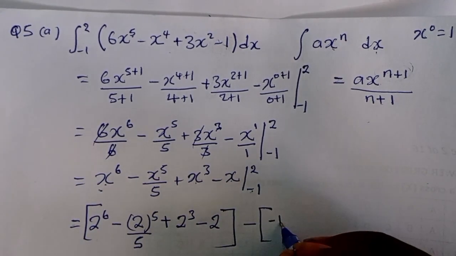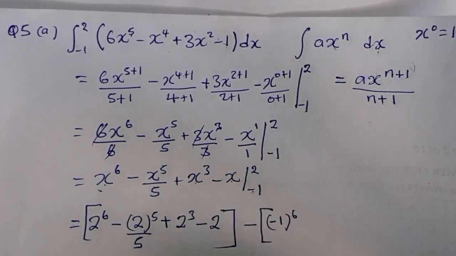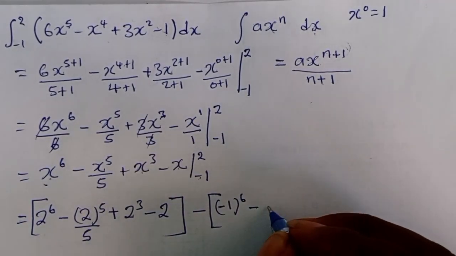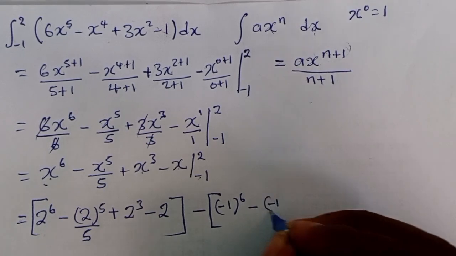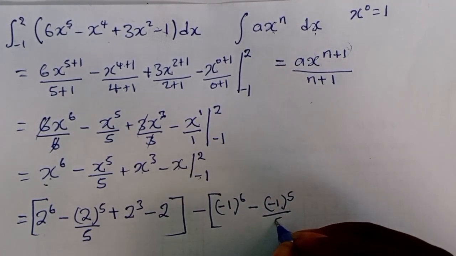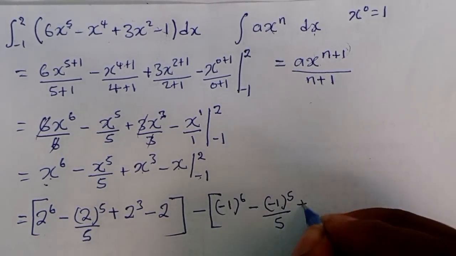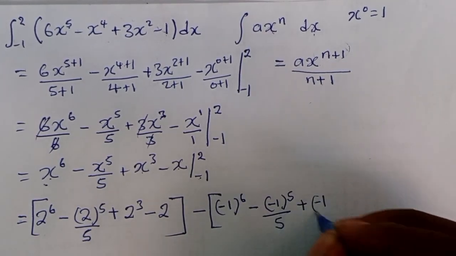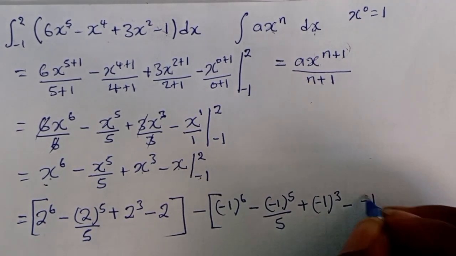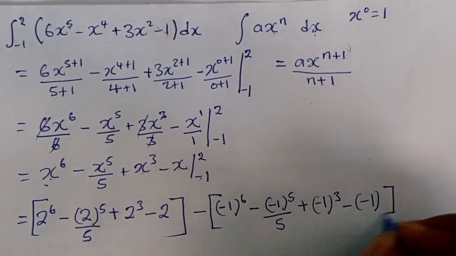So negative 1 to the power 6, minus, where there is x, we substitute negative 1 to the power 5 over 5, plus negative 1 to the power 3, minus negative 1.